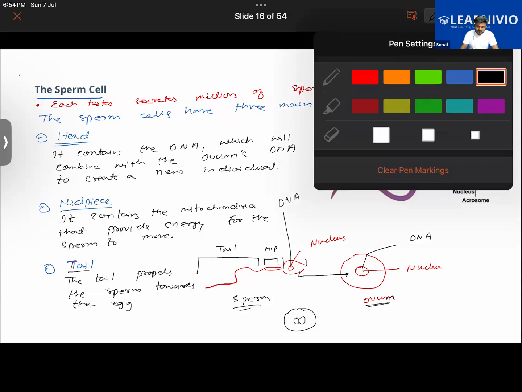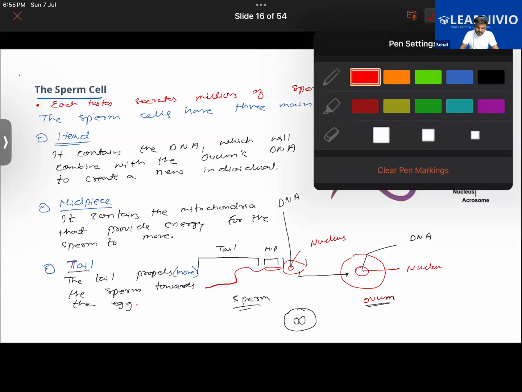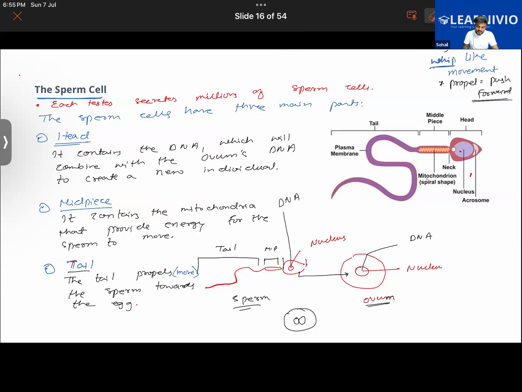Or if you're getting confused, in brackets next to it, just write move. Okay? Can we also write in our own words? Yeah, in your own words you can also write it down.